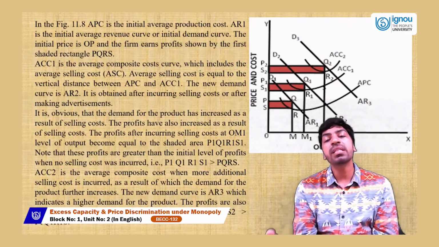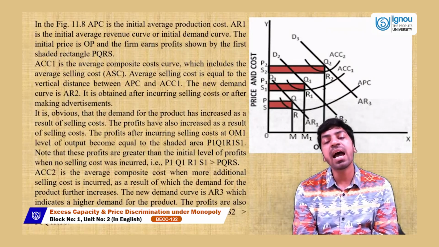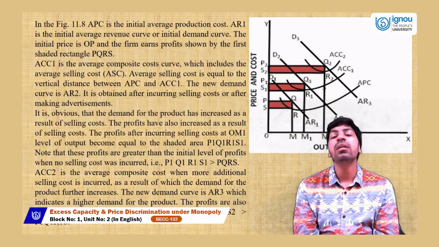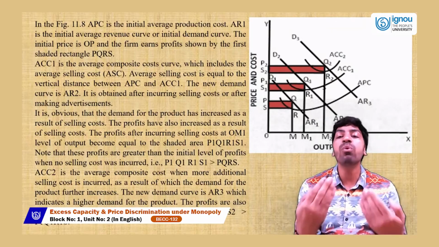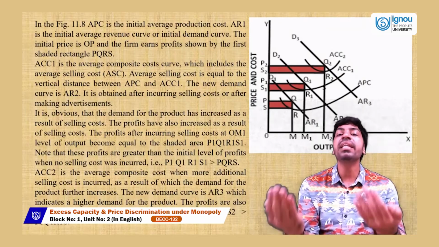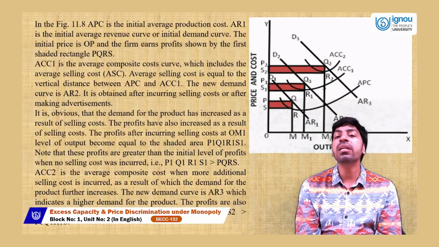Now when the firm has increased the selling cost and its advertisement expenditure, the firm will automatically generate more profits than the initial profits, that is PQRS.